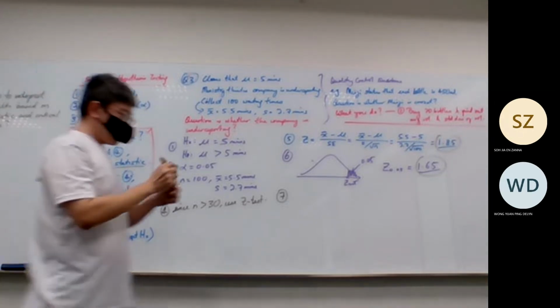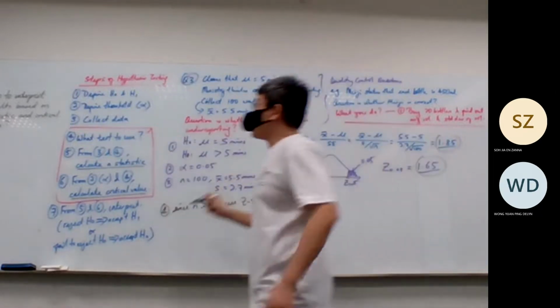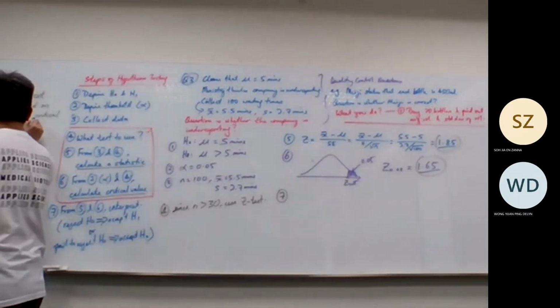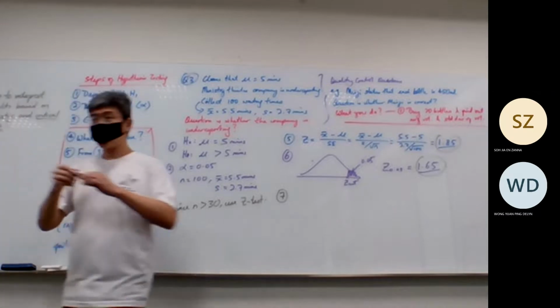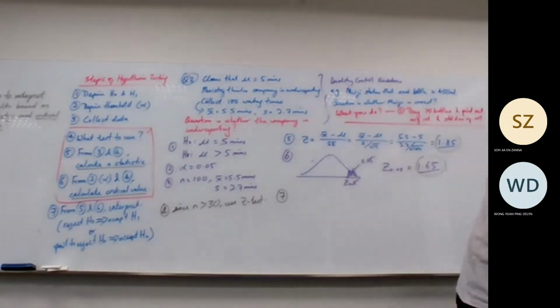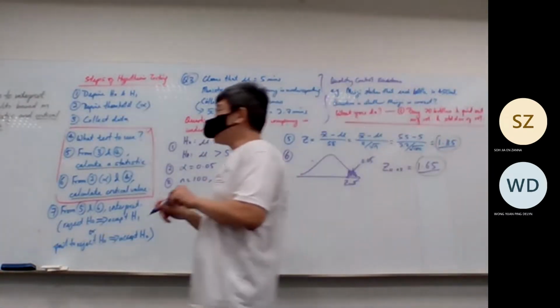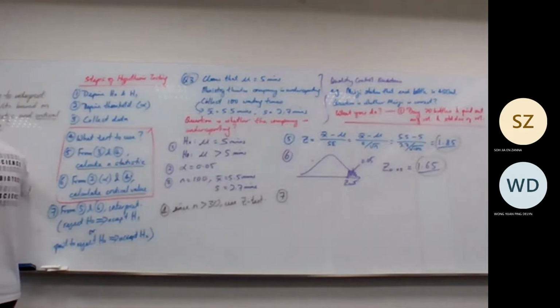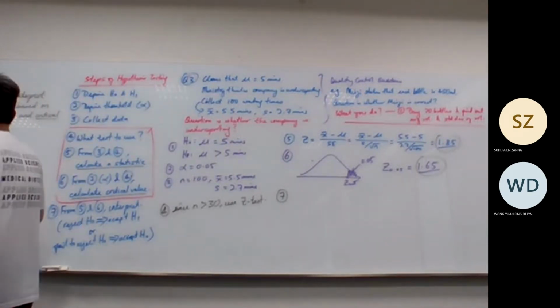How do you interpret the results based on the statistic and the critical value? The rule is actually quite simple. You follow one of these two.